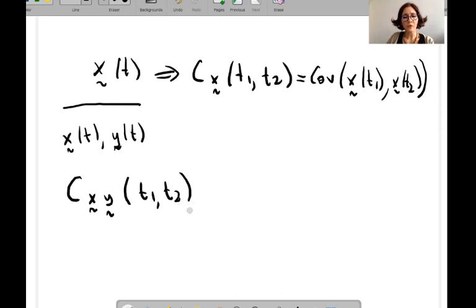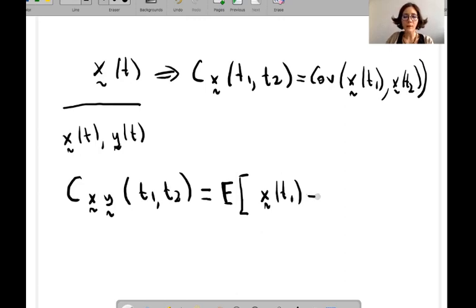So this cross-covariance function is nothing but the covariance of these two random variables that you obtain by evaluating x of t at this first time instant t1 and then y of t at this second time instant t2. Now let's write down this covariance definition. We know what covariance of two random variables is. I write my first random variable, which is x of t1.